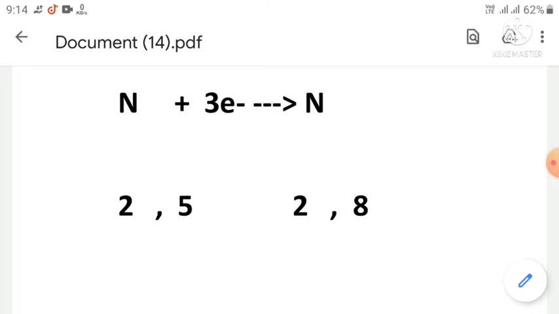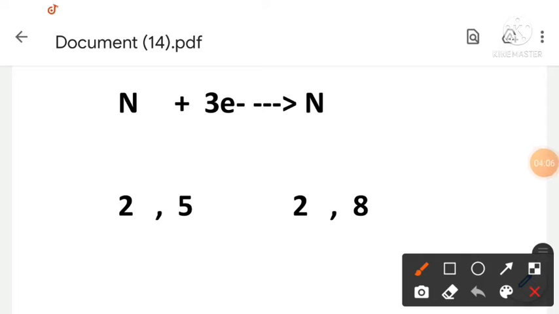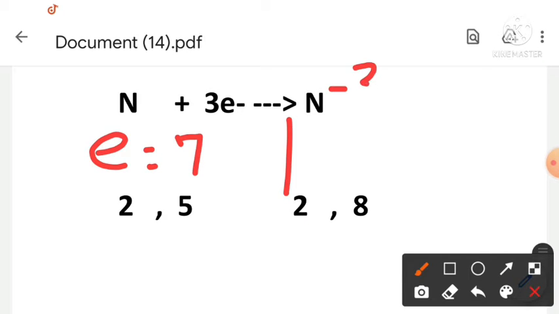Now we know that the number of electrons in nitrogen is 7. After gaining 3 electrons it becomes N minus 3, so the number of electrons in N minus 3 is equal to 10, because it gains 3 electrons and after gaining it becomes 10 electrons.